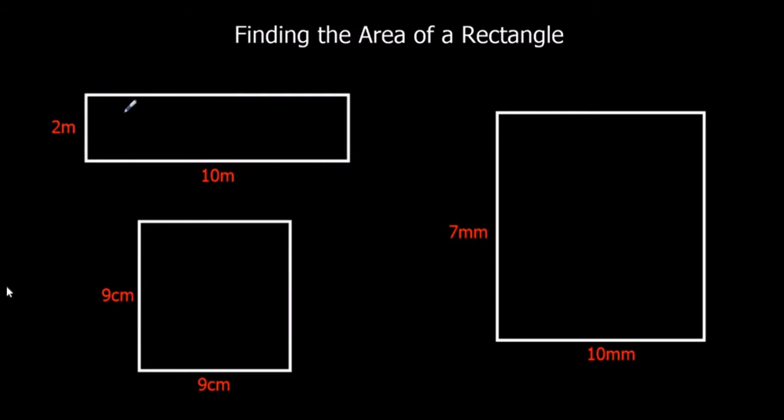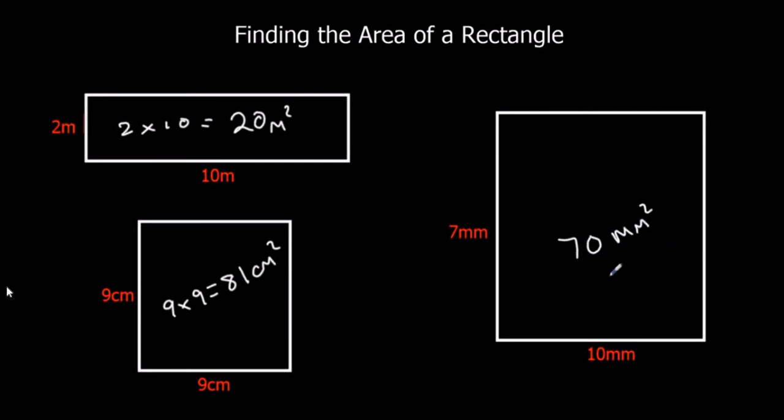So we've got 2 times 10, and that's 20 meters squared. Here we've got a square. It's 9 times 9, that's 81 centimeters squared this time. And this one's in millimeters, so we're going to measure it in millimeter squares. 7 times 10 is 70, and that's millimeters squared this time.